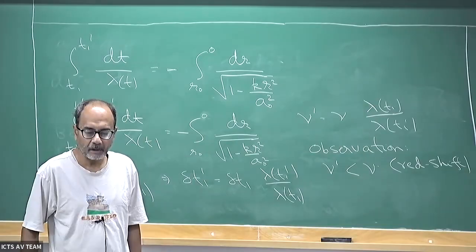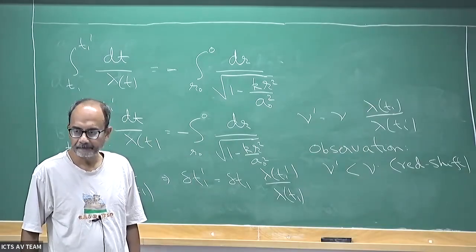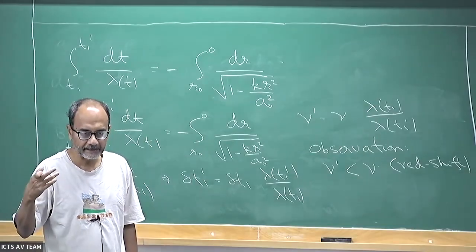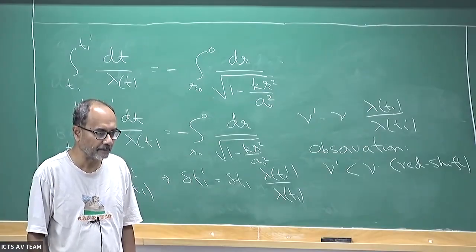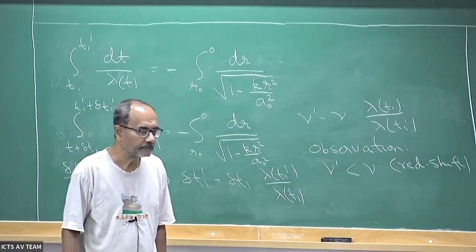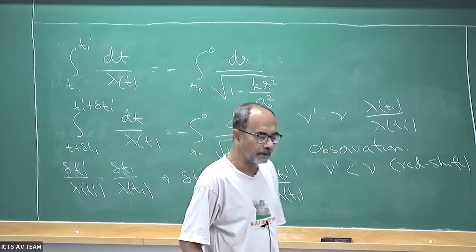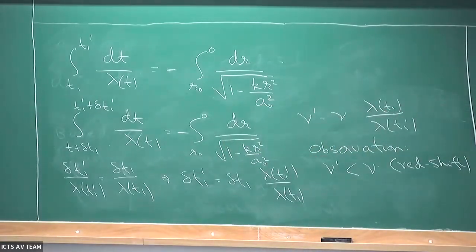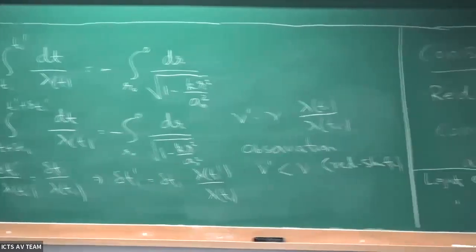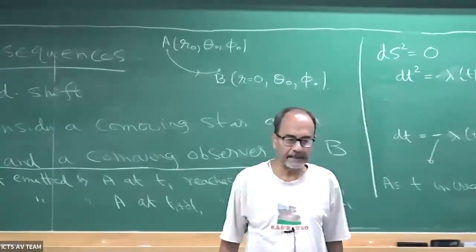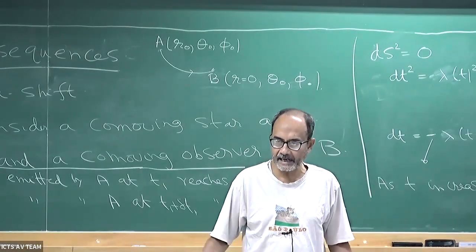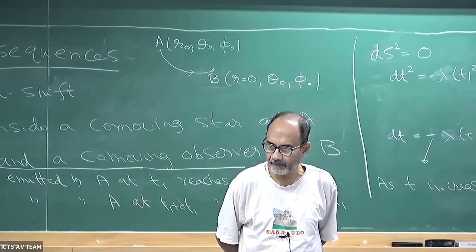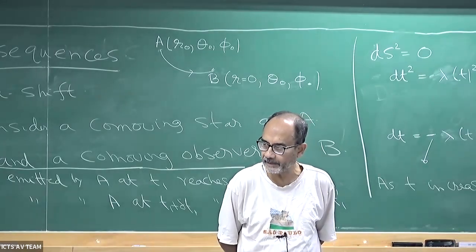Now you may wonder, how do you even know what nu is? We only see what we are observing. We don't know what its frequency was when it was emitted. The reason we know nu is because we don't measure just one signal. We measure the spectral lines, the whole spectrum, which you can identify with various molecular and atomic transitions.